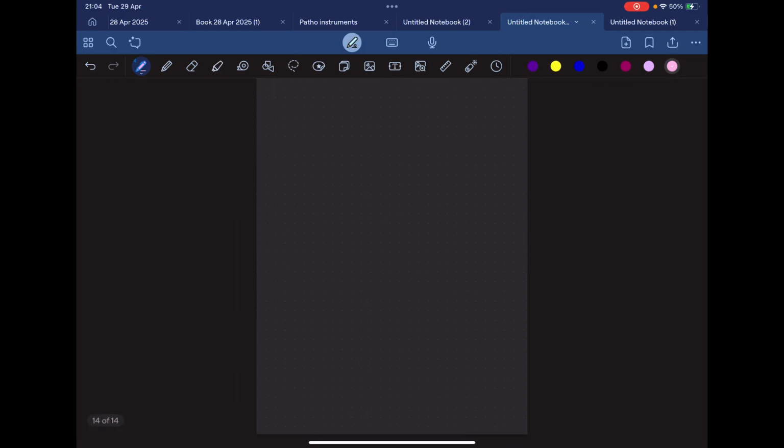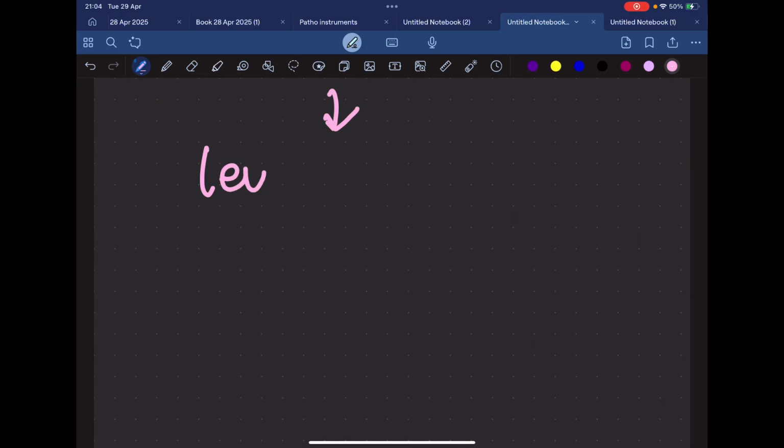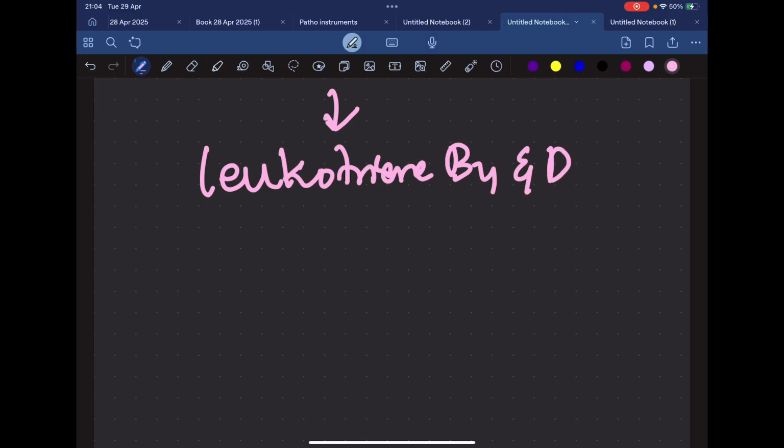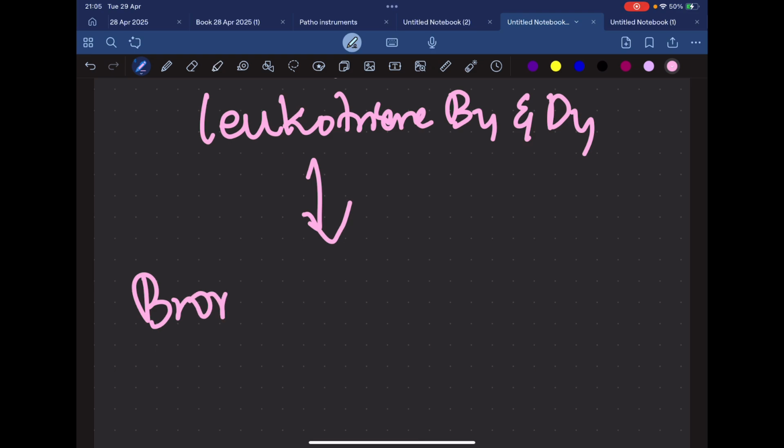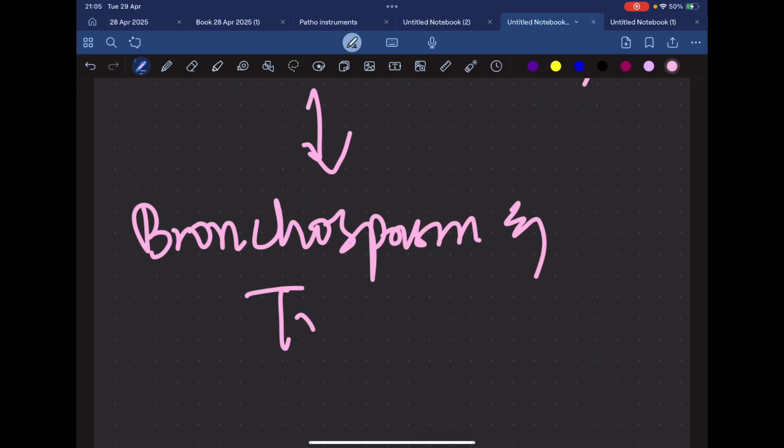It is going to secrete leukotriene B4 and D4. The secretion of leukotriene B4 and D4 is going to cause bronchospasm and tracheospasm.